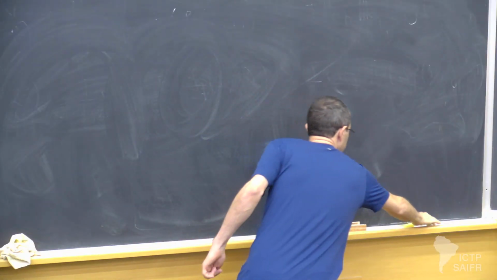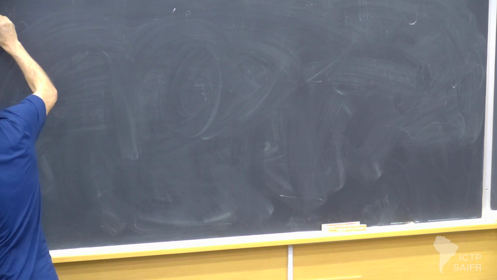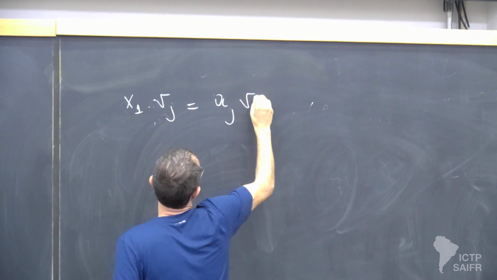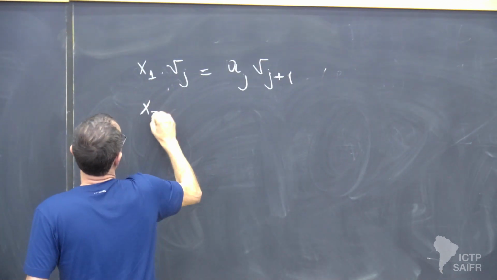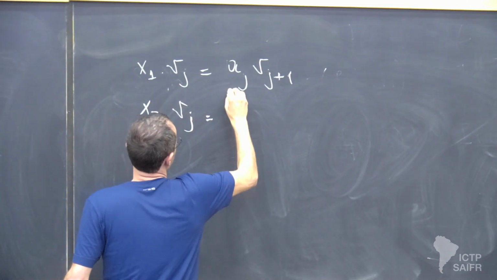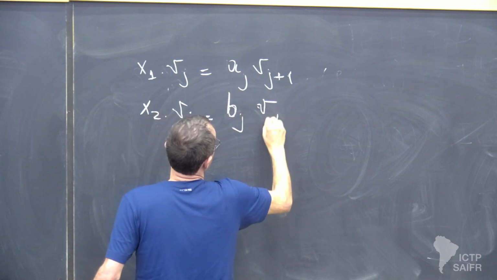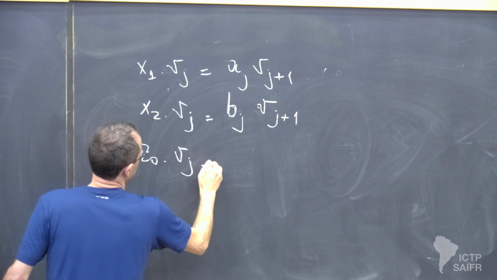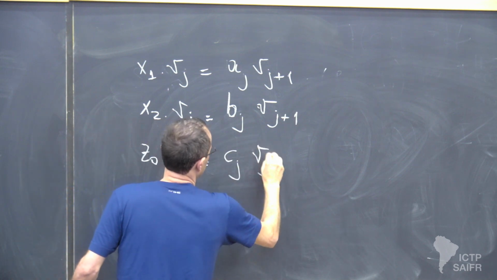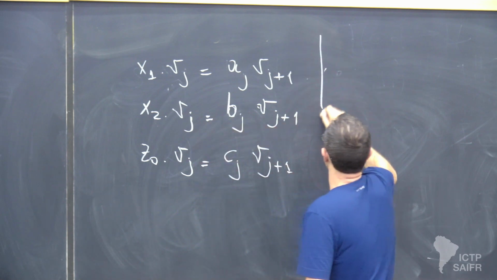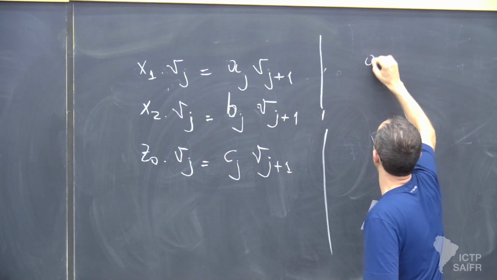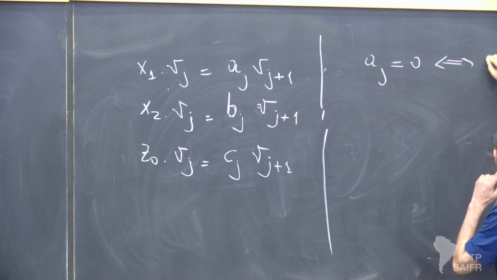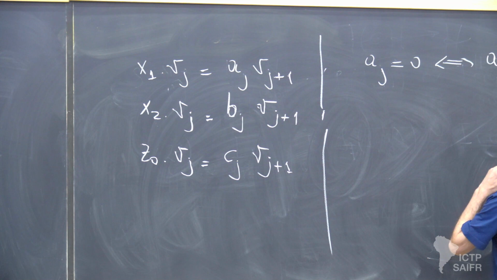So x1 acting on Vj is Aj Vj+1, x2 and so on. It's easy to see that Aj is 0 if and only if Aj plus 1 is 0.